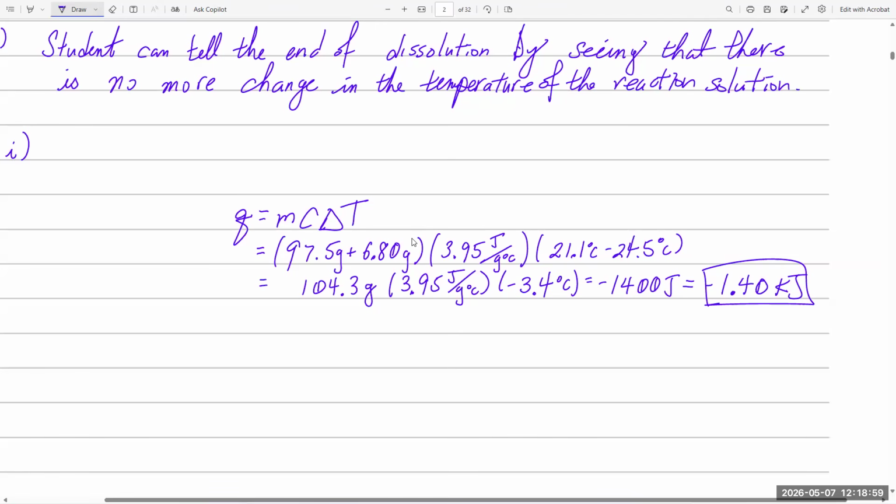So what is that? That comes out to 7.549. I believe sig figs is what? KSP was 57, so I'm going to stick to 2 sig figs. It's going to be 7.5 molar.